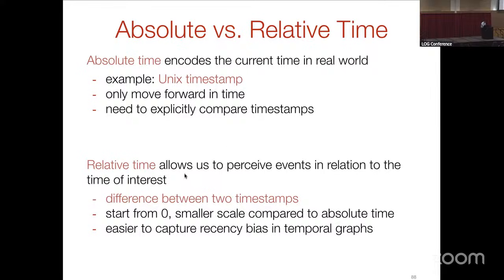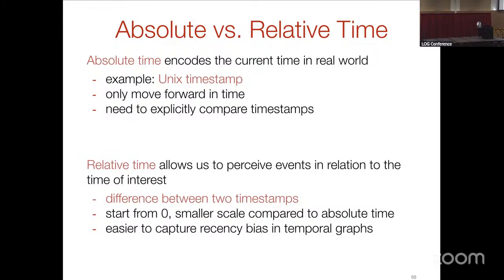So you need to do a subtraction operation. While the relative time allows us to perceive events in relation to the time of interest. This is what's mainly used in the ML part for temporal graph models as well as for RDL. Here you would look at the difference between two timestamps, say T1 and T2, and compute this delta T, right?